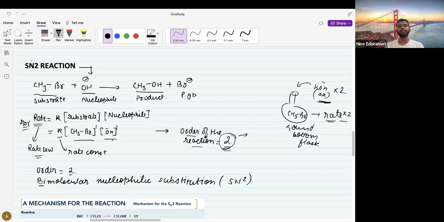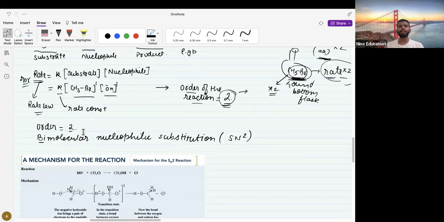If I am tripling this, rate will also triple. Similarly, by doubling the concentration of CH3Br, my rate will also double. So anything which is dependent upon concentration will be shown in the rate of that reaction. So this is what SN2 reaction is.